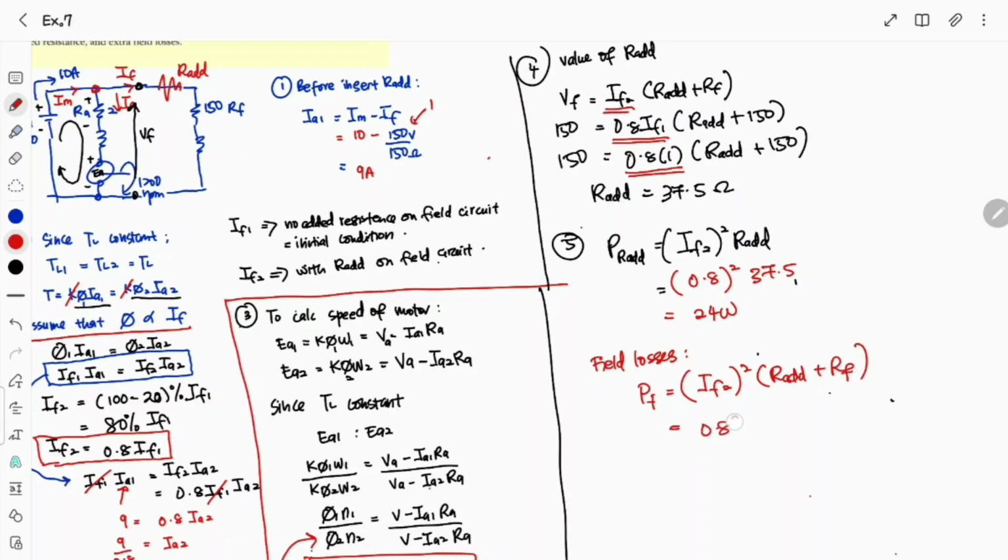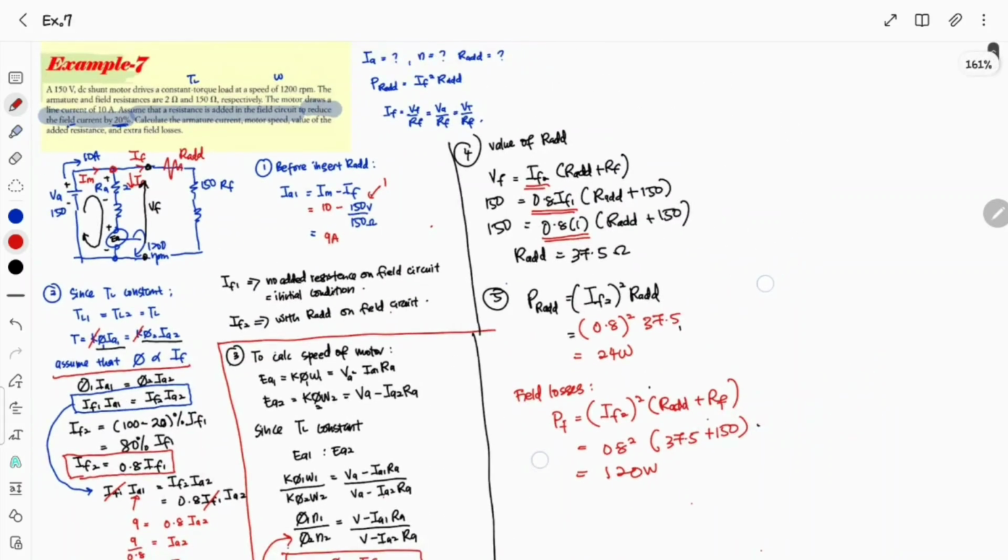So it's 0.8 square times, 37.5 plus 150. Okay, so it's 120 watts for the total field losses involved in the field circuit. Okay, so that's all for example 7.